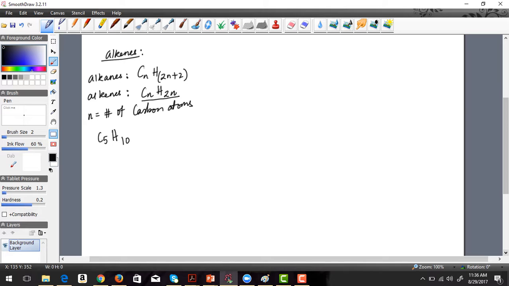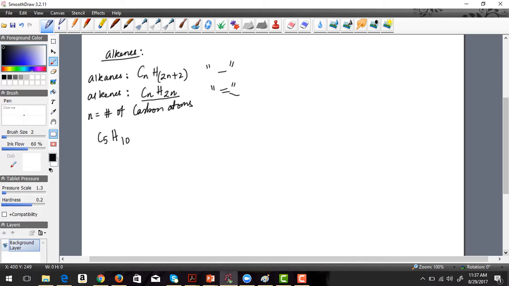Now, alkanes are characterized by all single bonds. Every bond is a single bond. Alkenes are characterized by a unique double bond, and then you obviously will have single bonds also in the rest of the compound, but you must have at least one double bond.